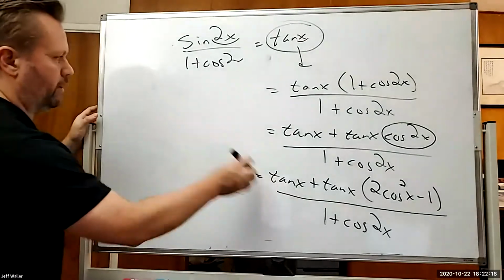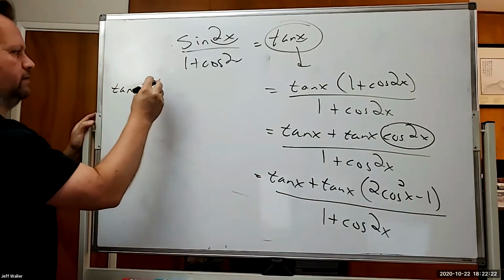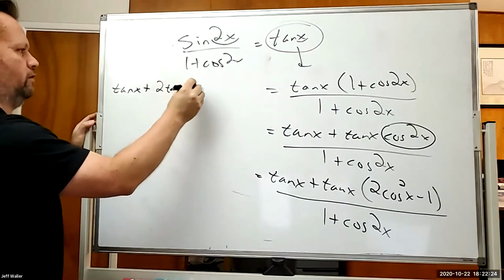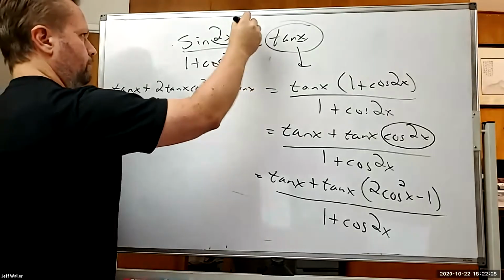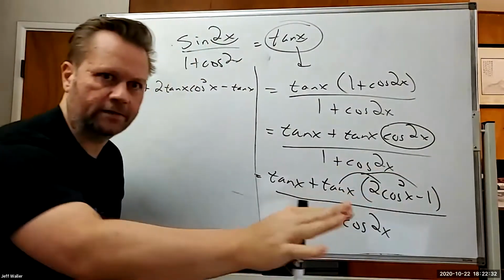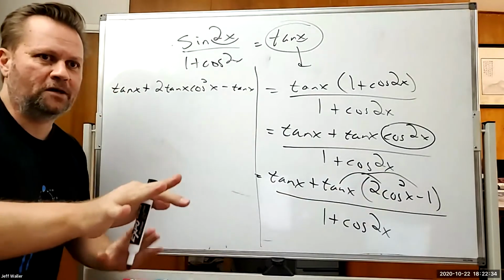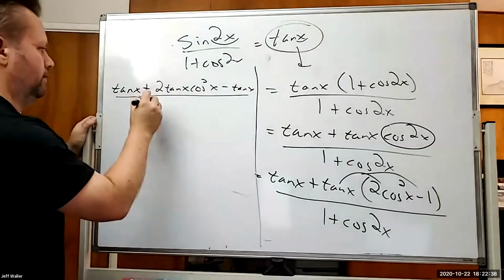Now watch. So I'm going to do it up here. Then I get tangent x plus 2 tangent x cosine squared x minus tangent x, if I distribute that. Stay with me now. This is gross. It's already taken longer than the other way, and I don't care.